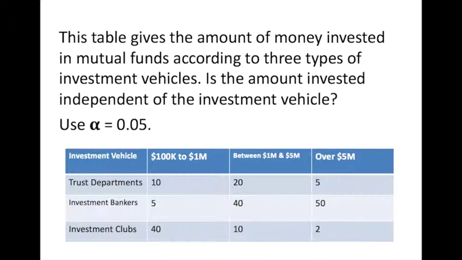Use alpha equal to 0.05. If there is a value of alpha in the question, we use whatever we are given, but if we can't find alpha in the question, we just use 0.05 as the default value.